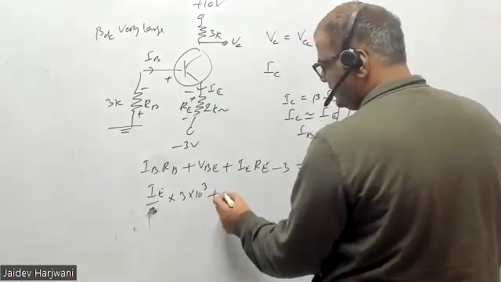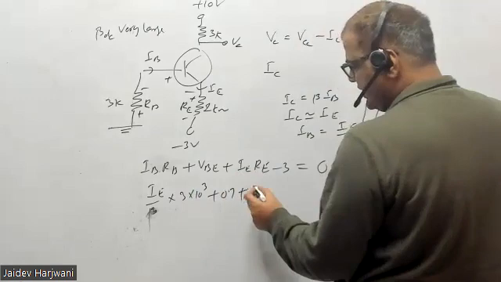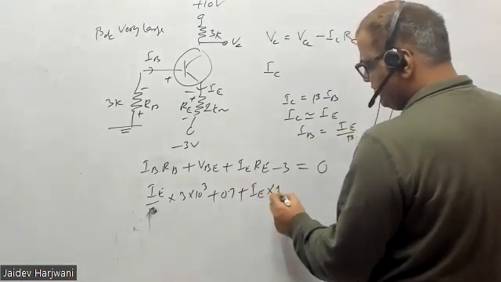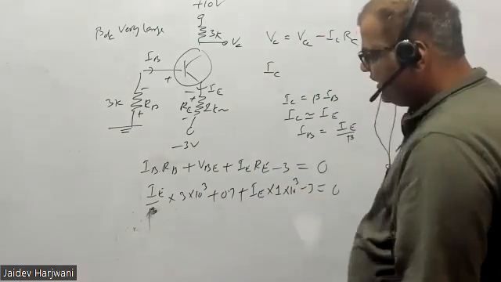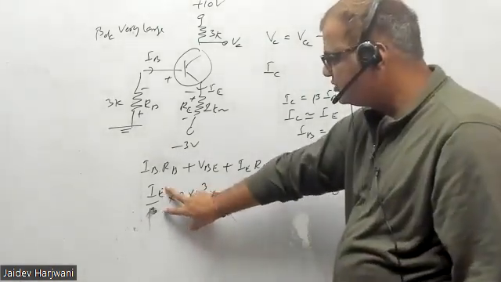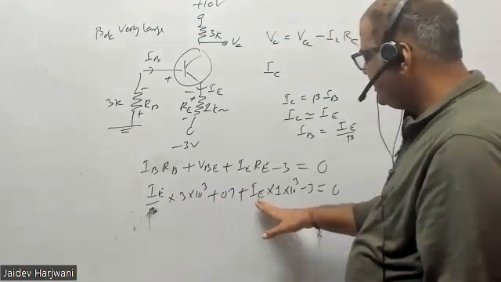Okay, VBE is your 0.7 volt. IE you want to calculate. RE is your 1 kilo ohm. Minus 3 equals 0. Now if you want, you can treat this term as negligible also, because this is IE.